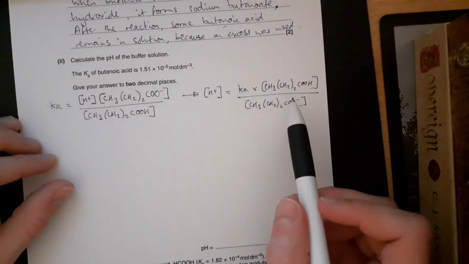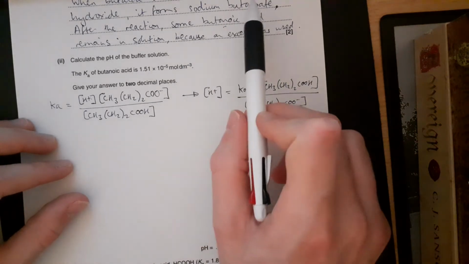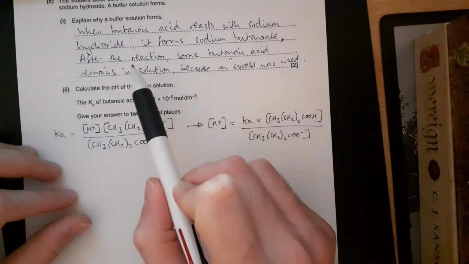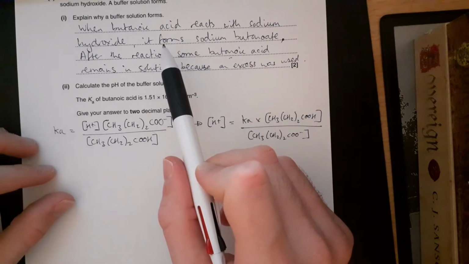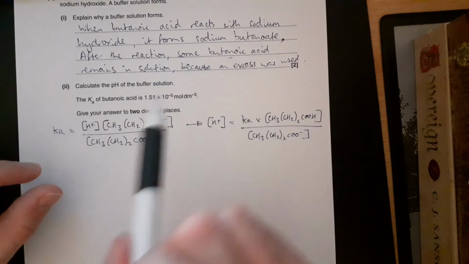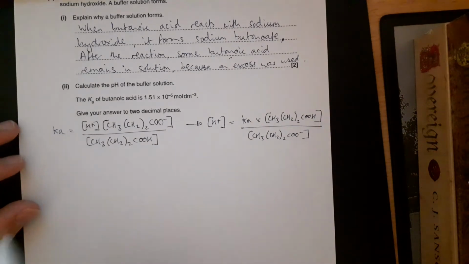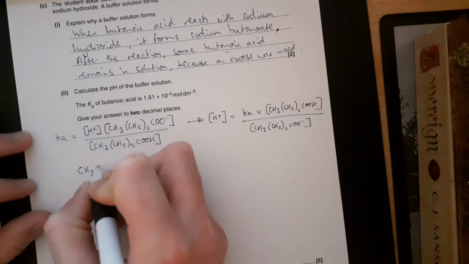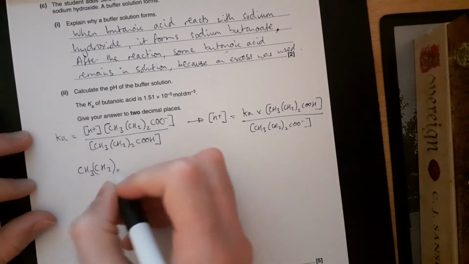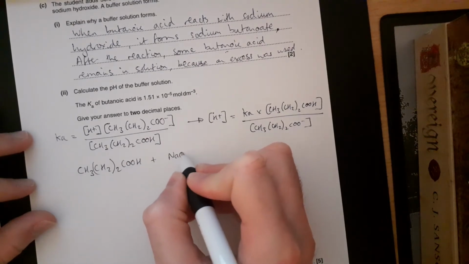Okay, and then the way that we've made this buffer solution up, we made it by reacting the sodium hydroxide with the butanoic acid. So we need to write that equation out, and then we need to use the same table method that I showed you in the previous video. So we're going to want our butanoic acid plus our sodium hydroxide.